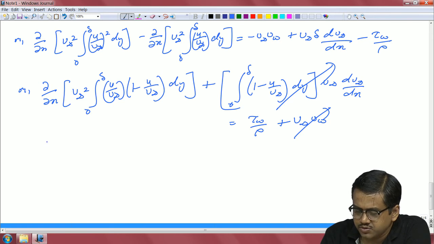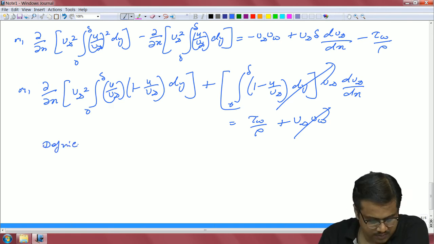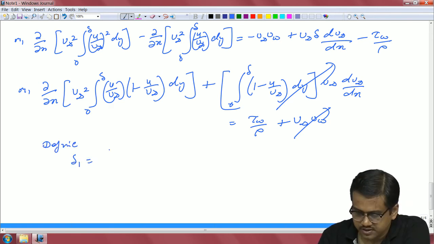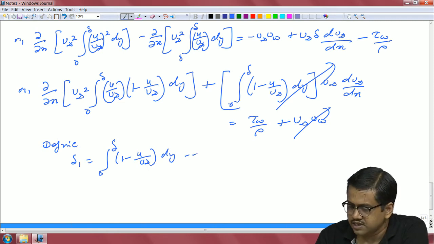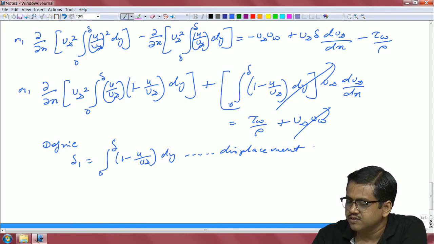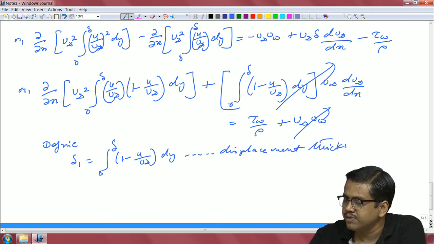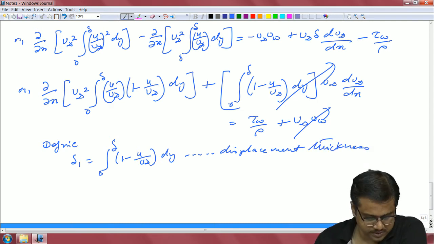Now, based on this we can define basically two parameters, one is called delta 1, which is basically this dy, this has got a name, it is called the displacement thickness, you may have heard about it in your fluid mechanics course. So, this is displacement thickness.